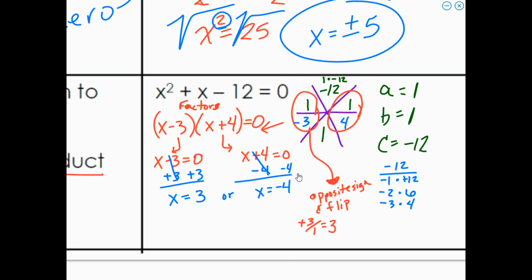And if I did the same thing over here, right, and I did a negative 4 over 1, it reduces to negative 4. Did I get the same solutions? Okay, so they're the same. Either method that you choose may depend on what the question is asking you, whether or not you need to know what your factors are, or whether you're needing to know the solutions.